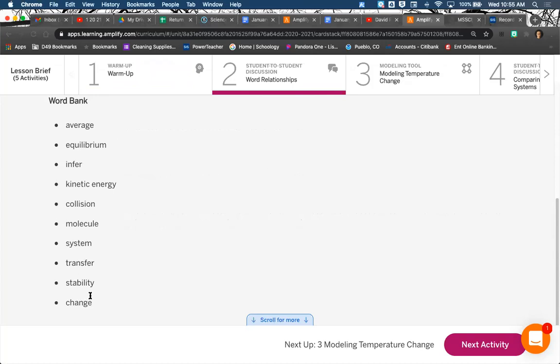Well, let's see what we can do right here. I see the word equilibrium. I see the word average kinetic energy. I don't see the word temperature. So let's begin with the average kinetic energy of an object is the average speed of the molecules of an object.